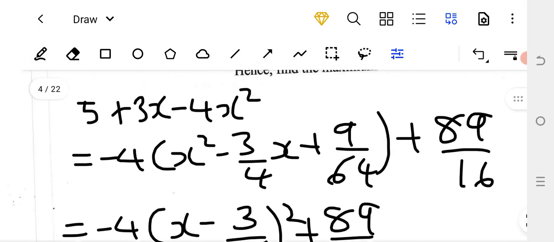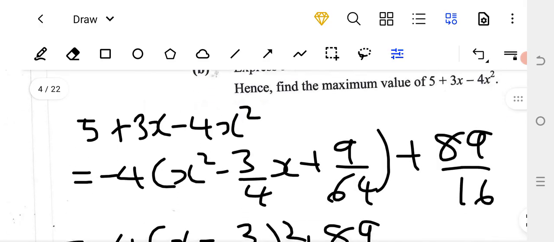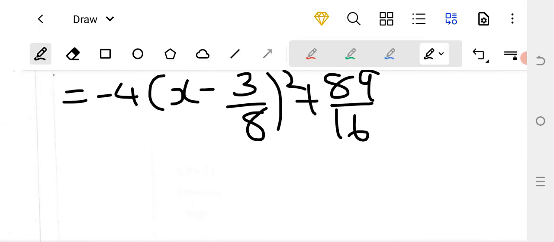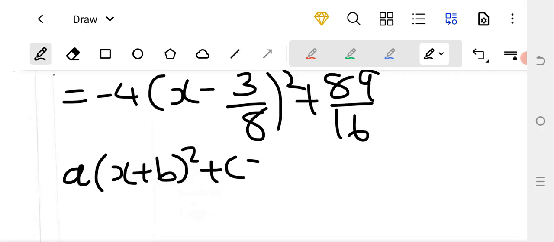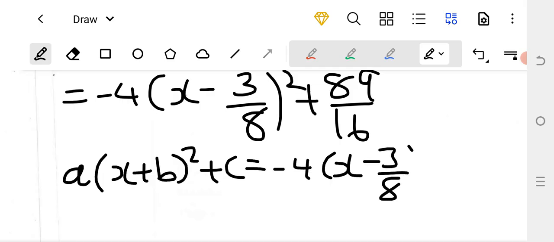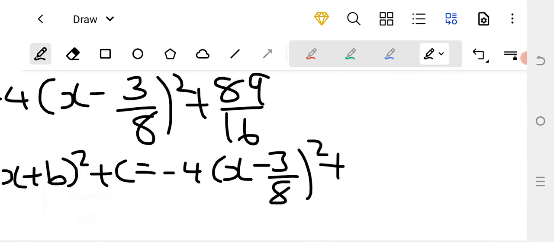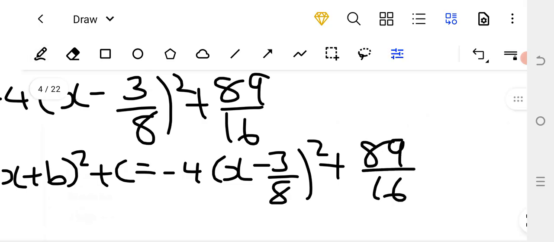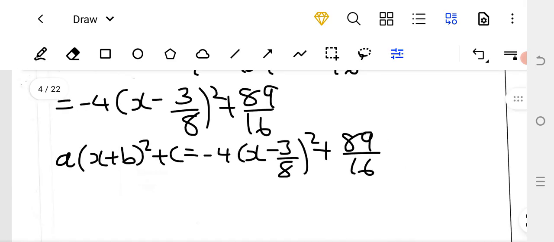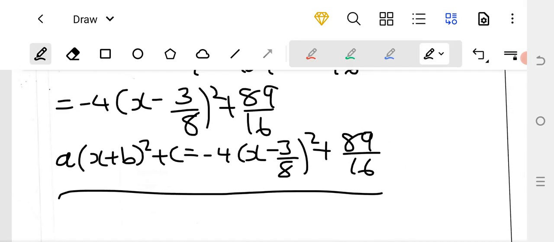You check the form that they wanted, a(x + b)^2 + c, which is equal to negative 4 multiplied by x minus 3 over 8 squared plus 89 over 16. So this is your final answer, and you have got your 3 marks right there.